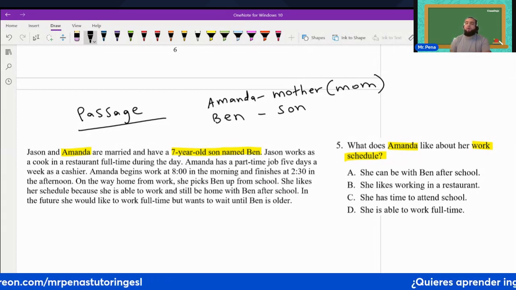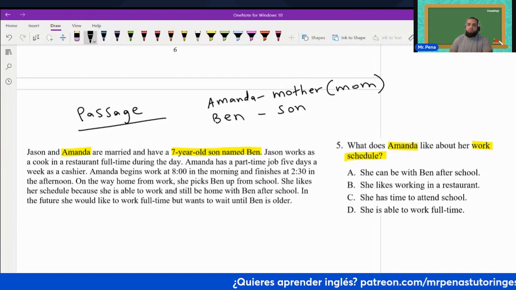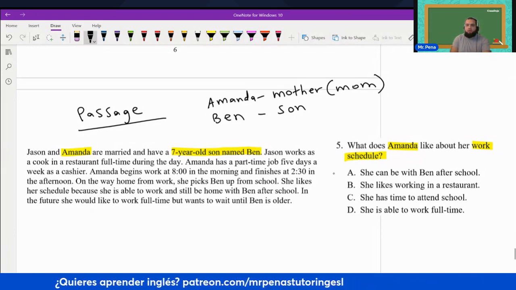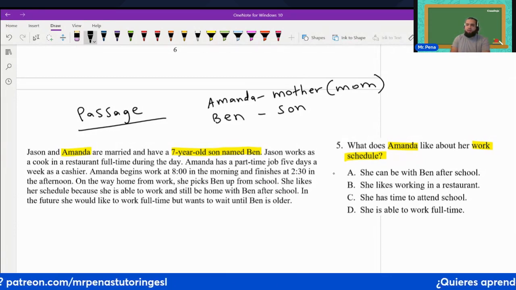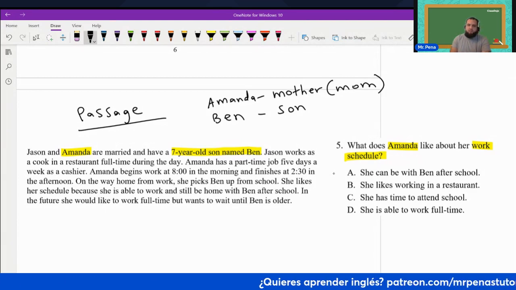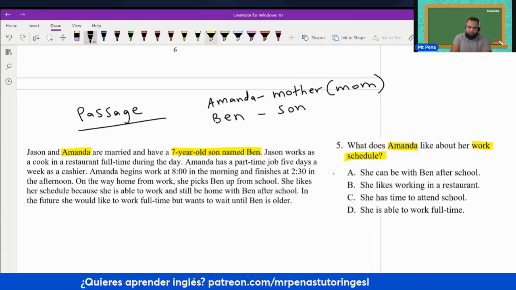Now we want to focus on Amanda's work schedule. It says here, on the way home from work, she picks Ben up from school. She starts at 8 and finishes at 2:30. It says, oh, right there.